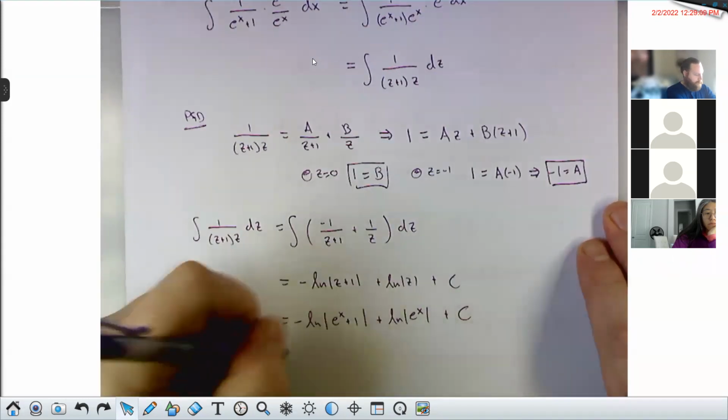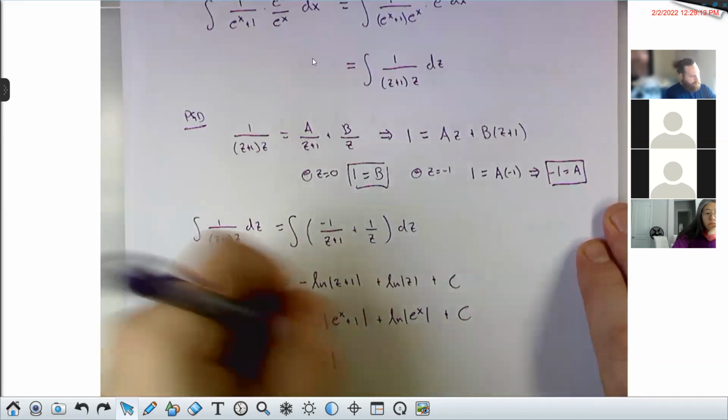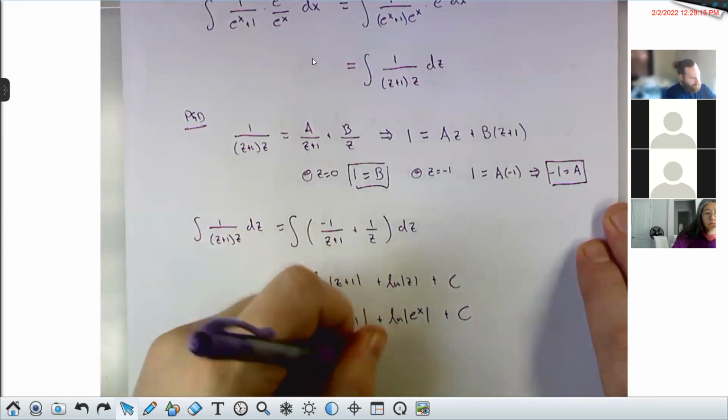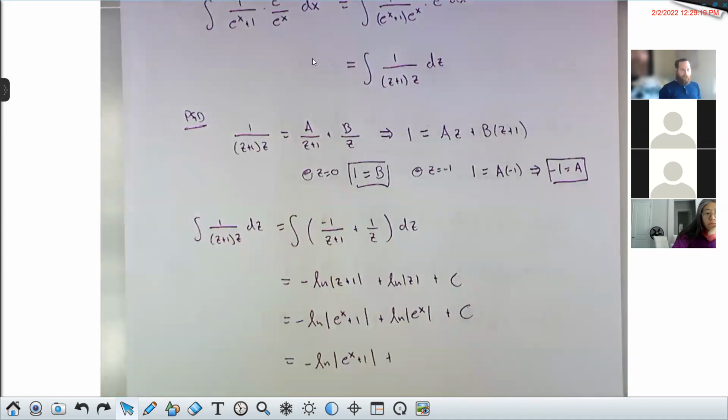And the one thing I would ask you to simplify here would be the second piece. So this is negative ln absolute e to the x plus 1 plus what is the natural log of e to the x? How does this simplify?